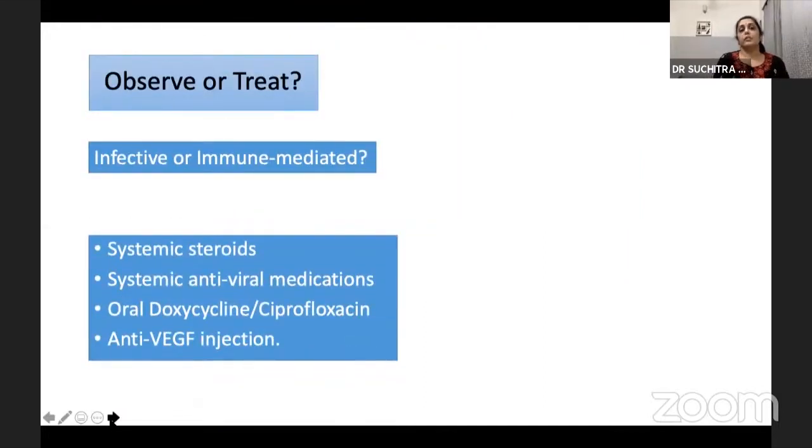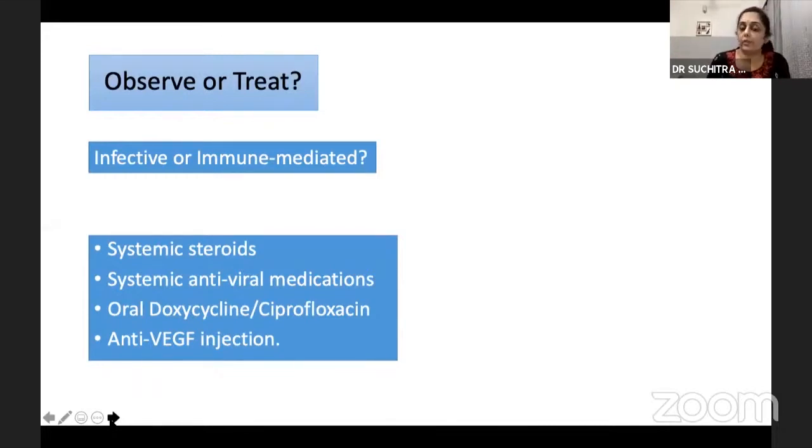So the next question is whether we need to observe the case or should we treat it? Because there are various studies again addressing this issue. There are studies where they have observed and they have seen the improvement due to the natural resolution. And there are studies where they have studied various agents mentioned in the box, like systemic steroids alone, along with antibiotics, only antibiotics.